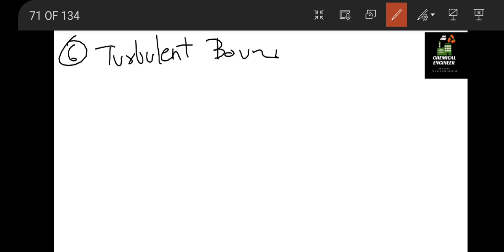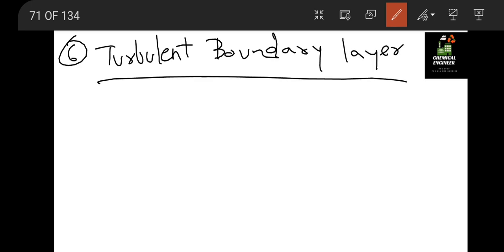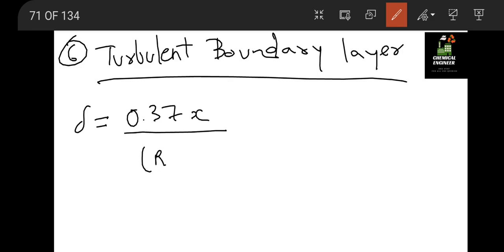Similarly, for the turbulent boundary layer, we have the formula for the thickness as 0.37 x divided by Re raised to 1 by 5.